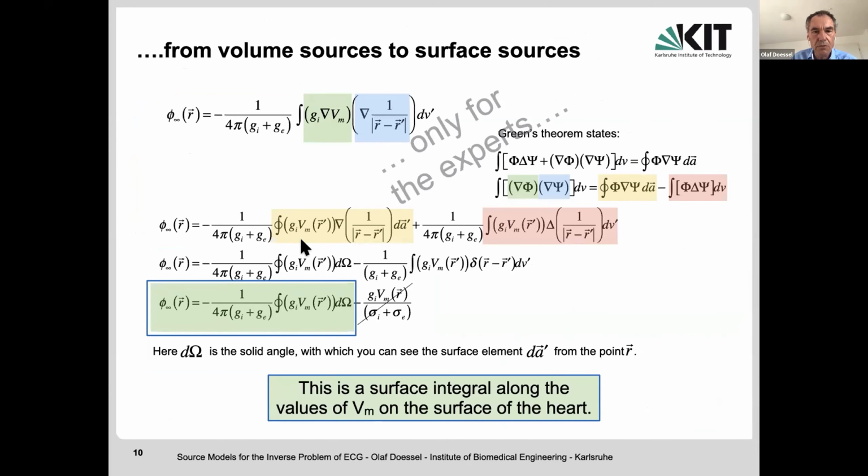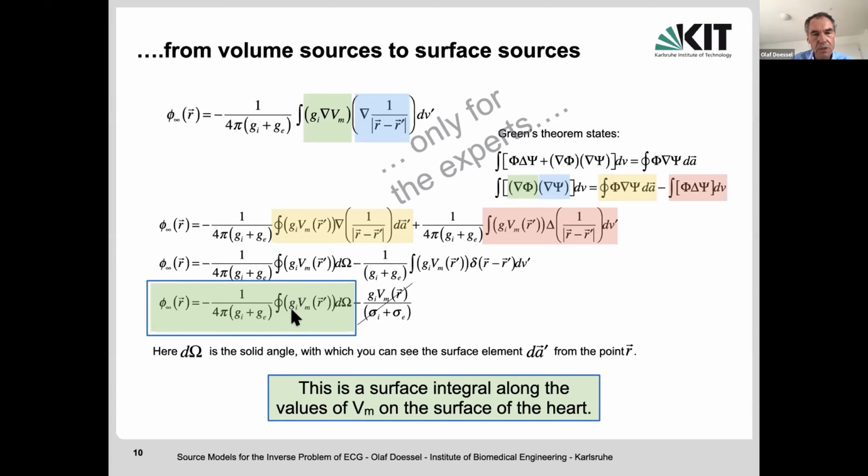Also this here I will not explain, but I will tell you that I think it was the first was Geselowitz, but also then Adrian van Oosterroom spent a lot of time on this. Via these few equations, you can translate this into this equation, and here you see we only look into a surface integral. This is a surface around the heart, and so we project all our sources into the surface.